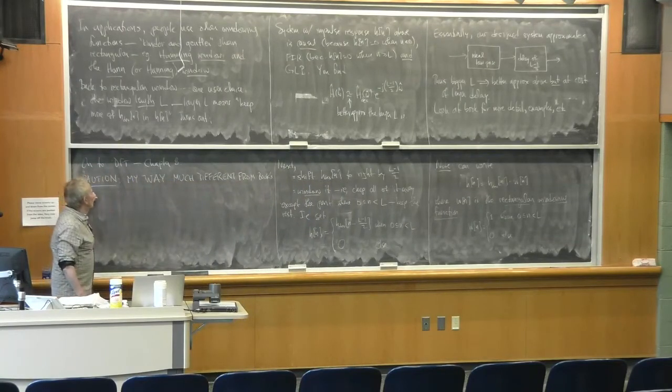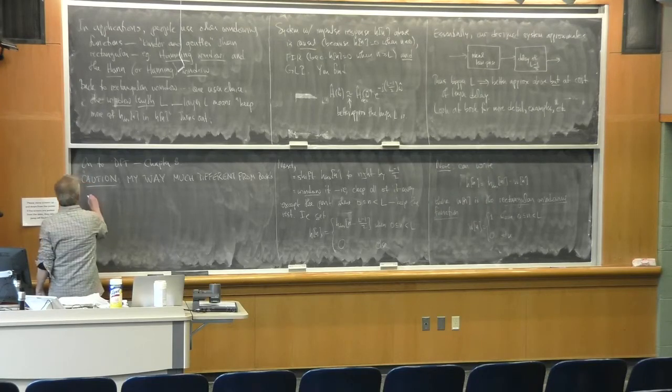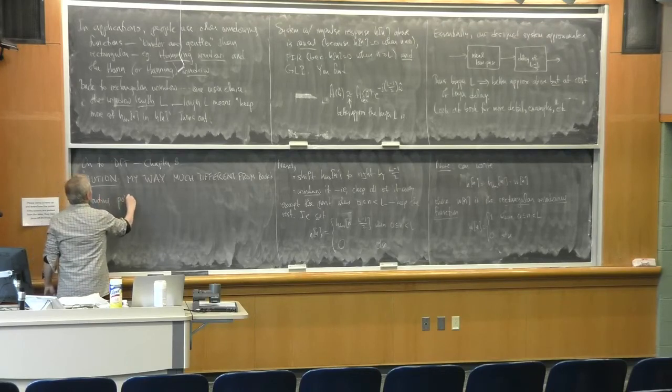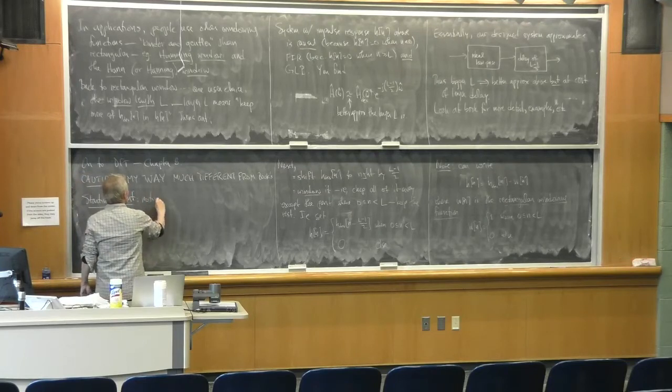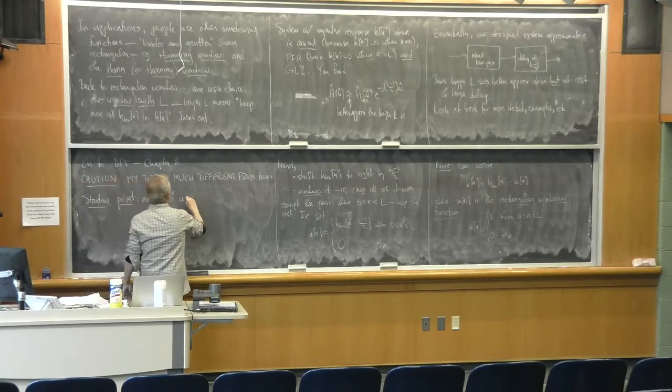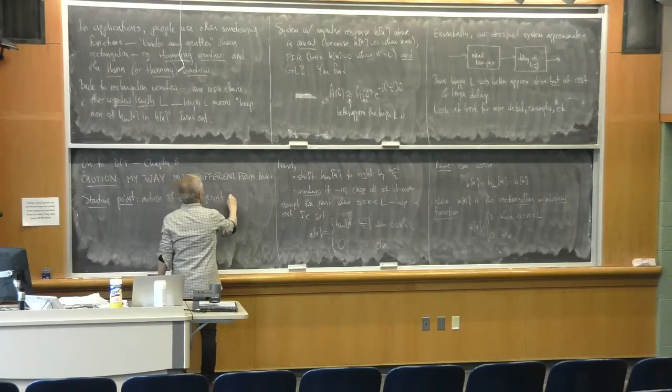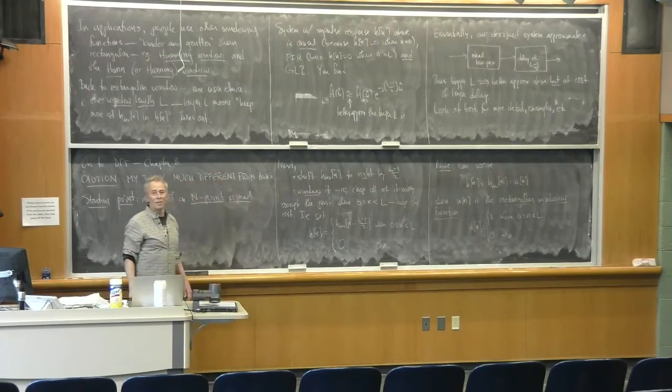Anyway, all right. So my way is based on the concept of what I call, and what most people call, an N-point signal. This is our starting point: the notion of an N-point signal. What is an N-point signal?